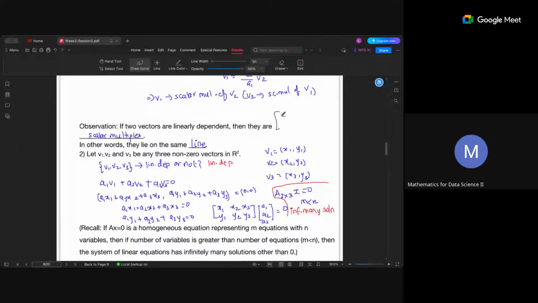You will have either 1 0 0 1 and then some values here. This is one possibility, and there are several others you can think of. You will have a dependent variable and one independent variable basically. So there is always at least one independent variable, and this independent variable can take any value, which contributes infinitely many solutions.